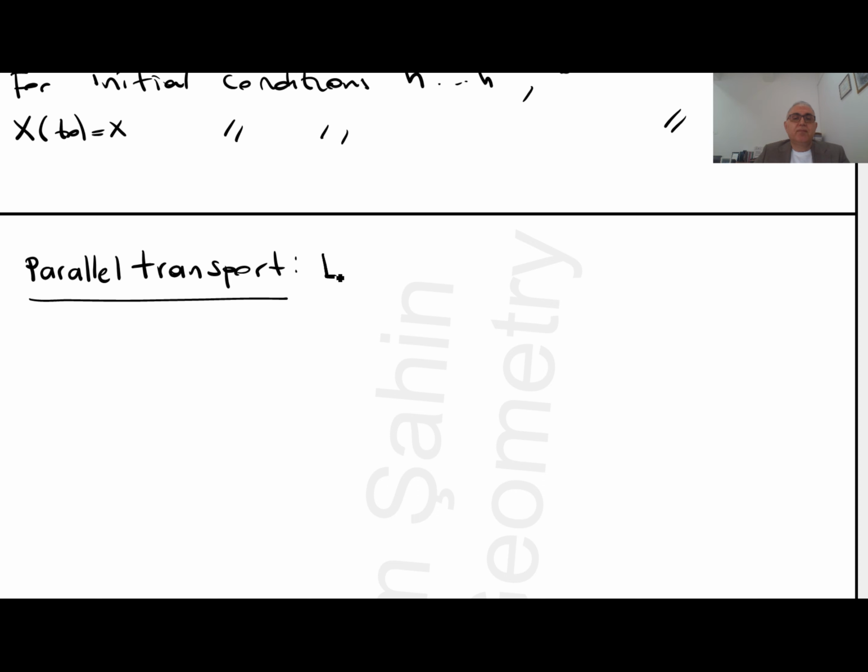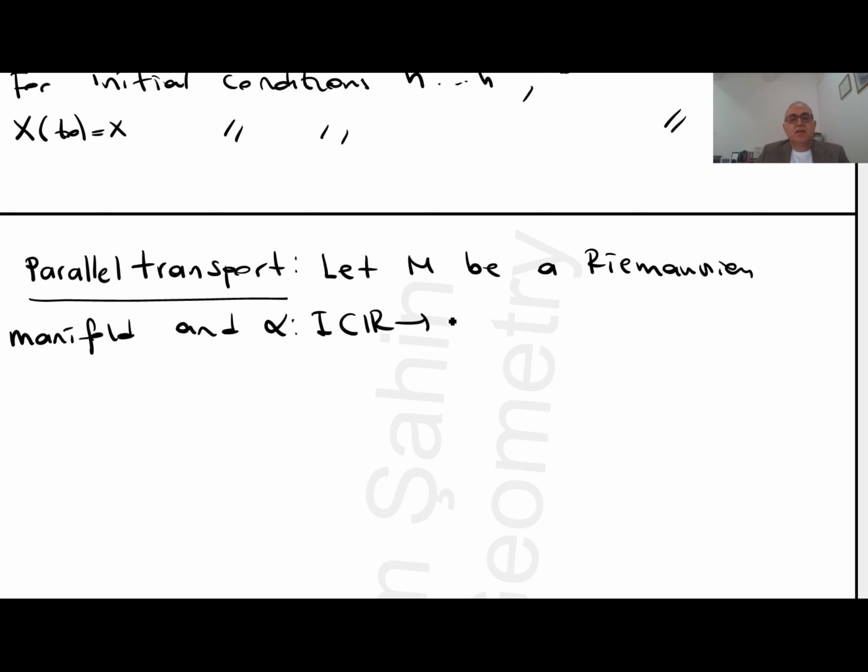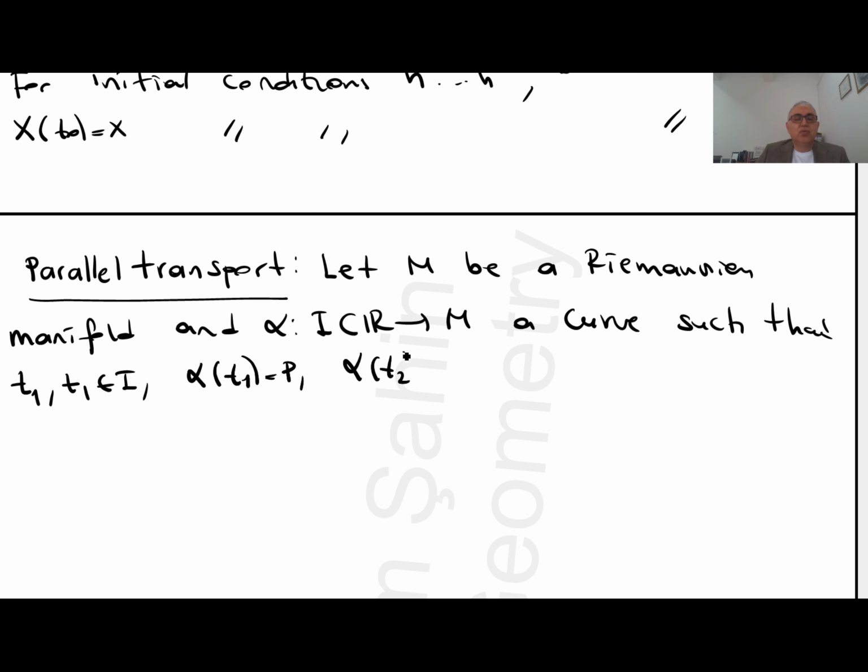So again, if you have a Riemannian manifold and alpha a curve, such that t1 and t2 belong to I, alpha(t1) equals p, alpha(t2) equals q.